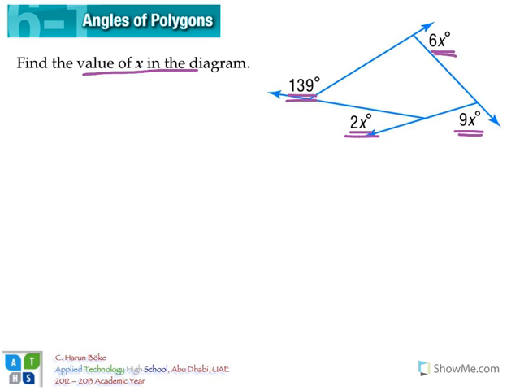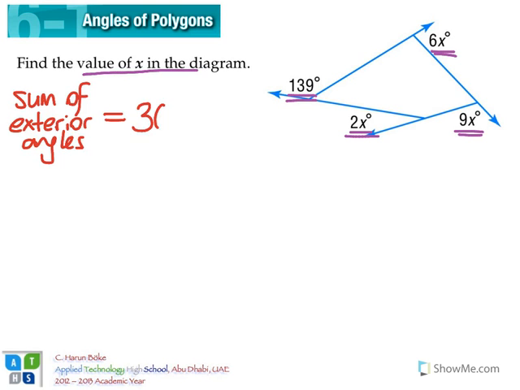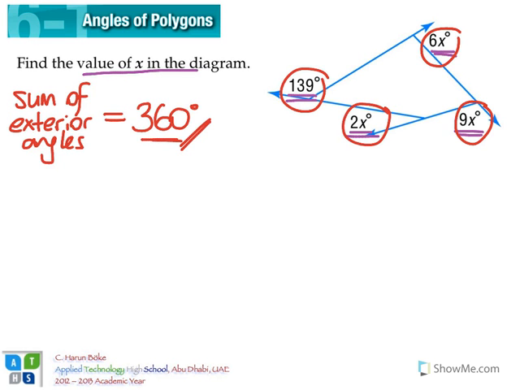Now we know that the sum of exterior angles is 360 degrees for all the polygons. Hence, I don't need to calculate the sum of exterior angles. It is 360. Now all I have to do is to add the exterior angle expressions and equate it to 360.